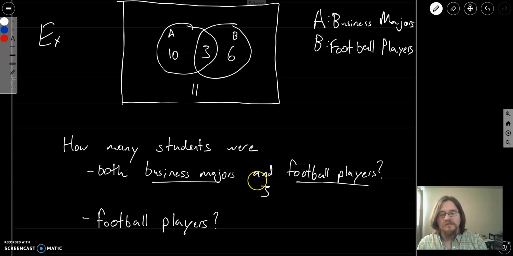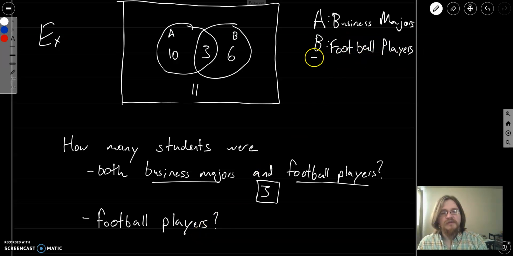That's going to be 3. There are 3 members of the overlap. And so there are 3 members of the set A, and there are 3 members of the set B that are in both.